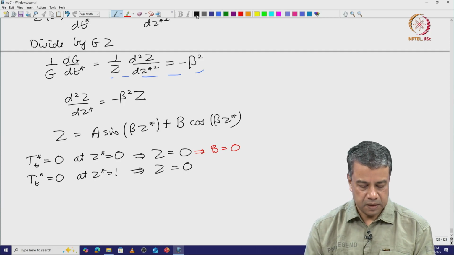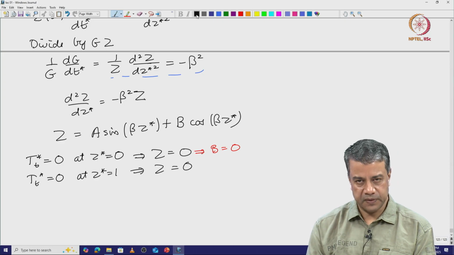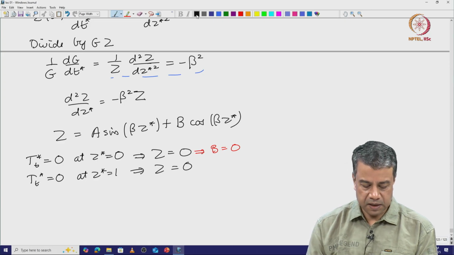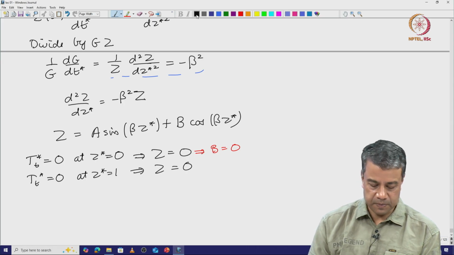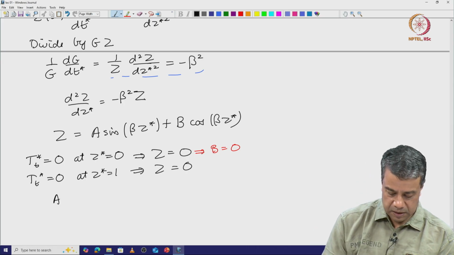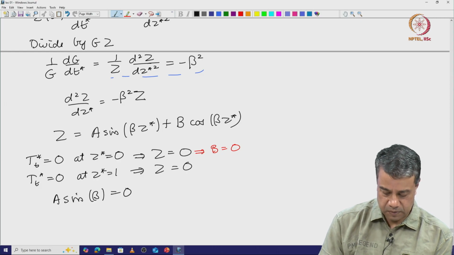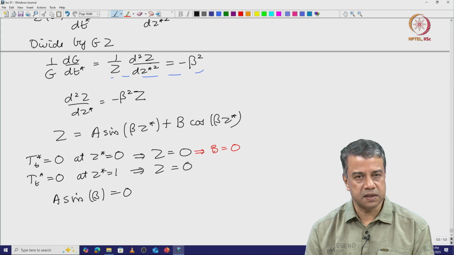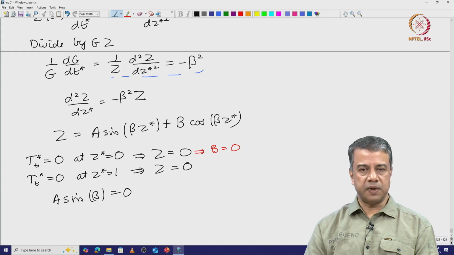Then Z becomes just A sine of beta z. The condition that it has to be 0 at z star equal to 1 implies that A sine beta is equal to 0.